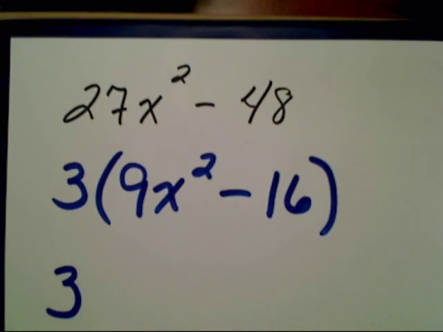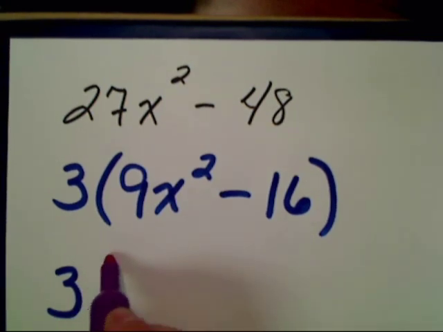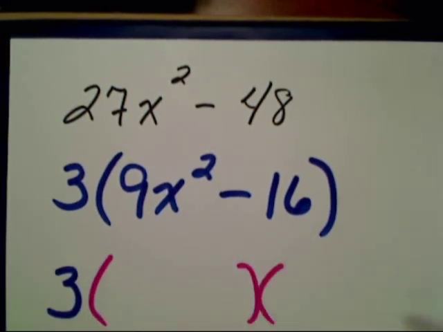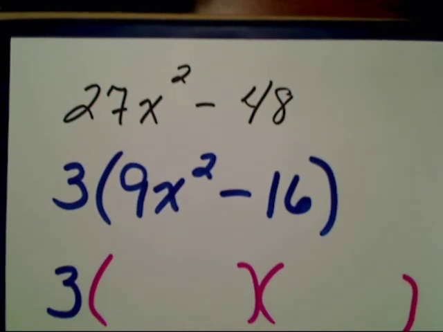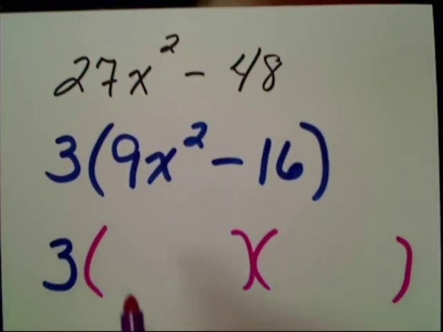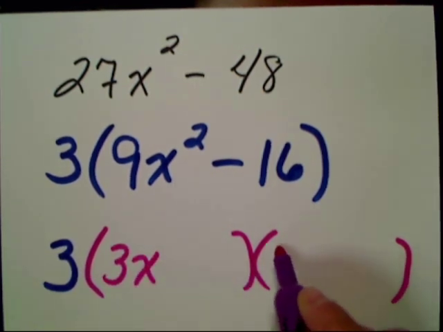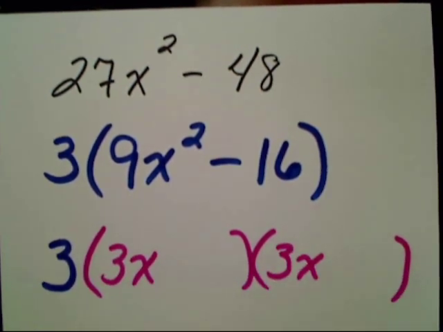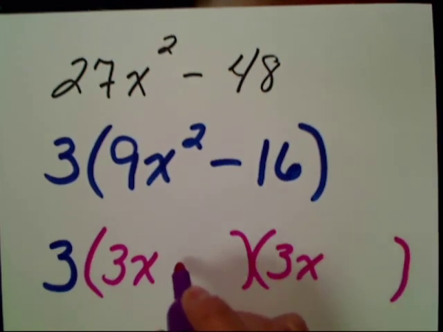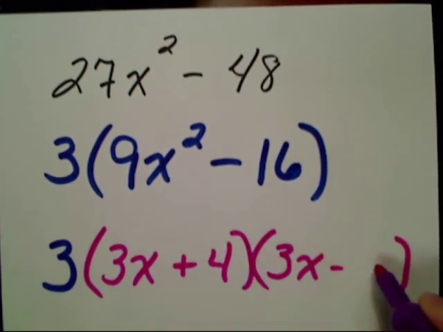But I can break apart the 9x squared minus 16 into 2 binomials. I go through and say 9x squared is made up of 3x times 3x, and a negative 16 is made up of a positive 4 and a negative 4.